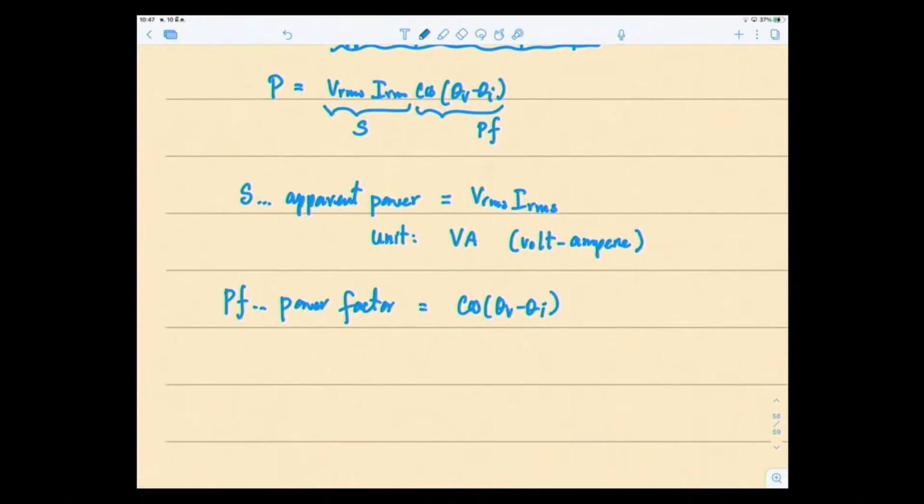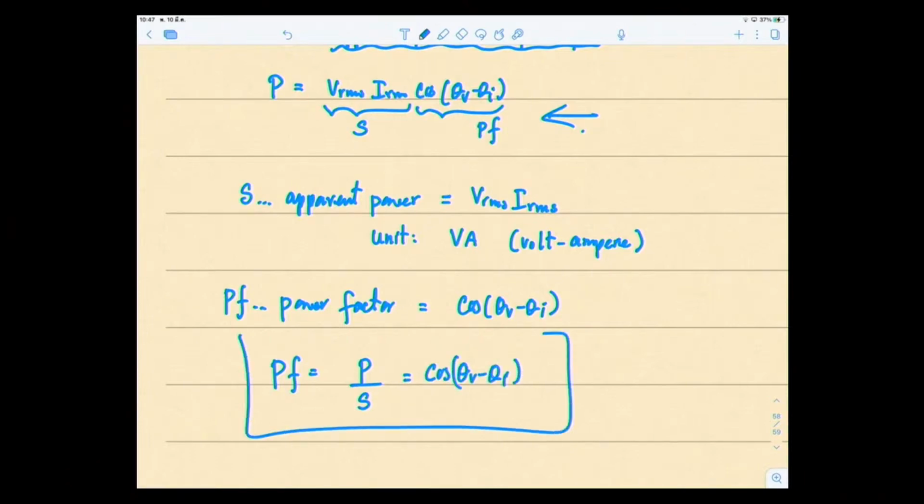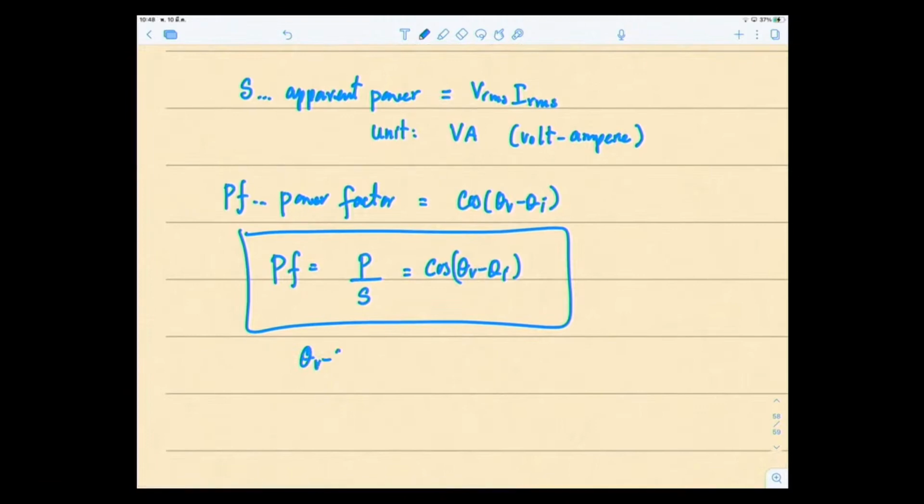Another formula for the power factor, of course from the average power formula, is PF equal to the average power over the apparent power. The angle theta V minus theta I is called the power factor angle.